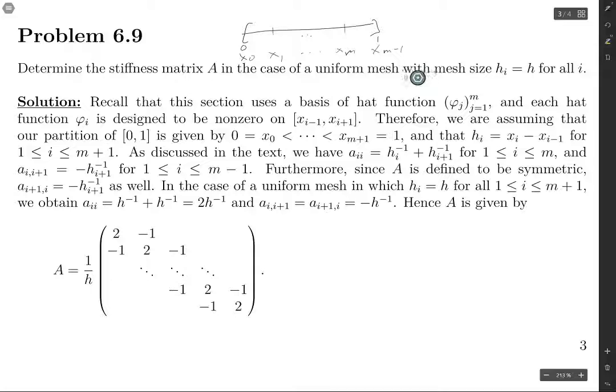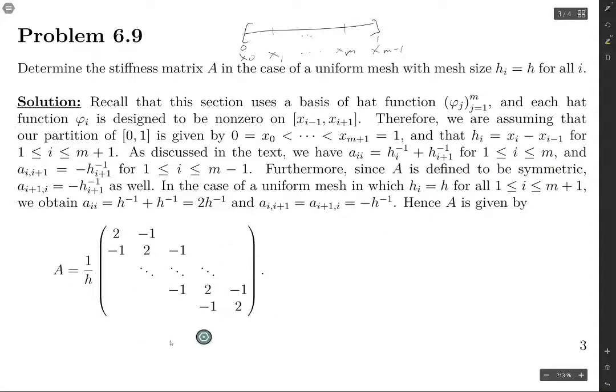But it is important to keep track of our indices so that we can actually form our matrix. We've already computed everything we need about the hat functions in the chapter. We computed that A_ii is h_i inverse plus h_{i+1} inverse, and that holds for i between 1 and m.